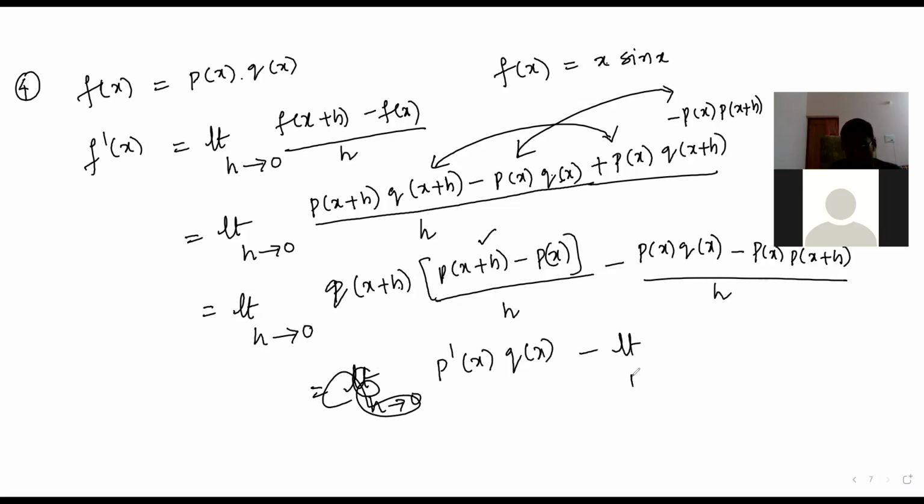Minus limit h tends to 0, here one more. What is the p of x? So this is p dash of x into q. Understand, one function we keep aside and p dash q minus p q dash we get.